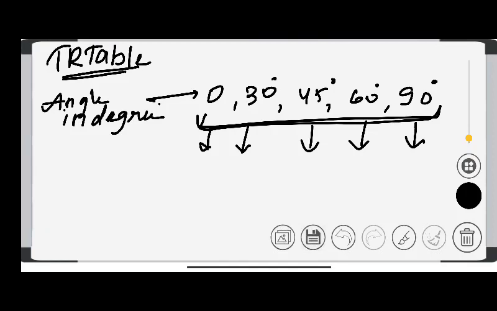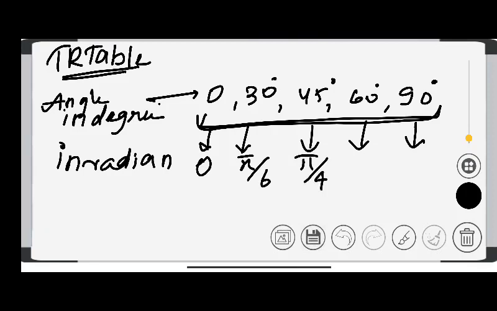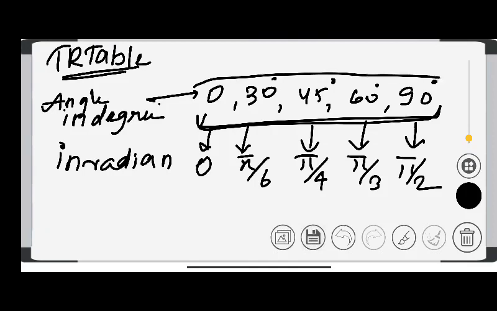If you write it in radian, you would write like this: radian 0 degree for 0, 30 degree that is pi by 6, 45 degree is pi by 4, 60 degree is pi by 3 and 90 degree is pi by 2. Sometimes they give you, for example, sine 60 degree.